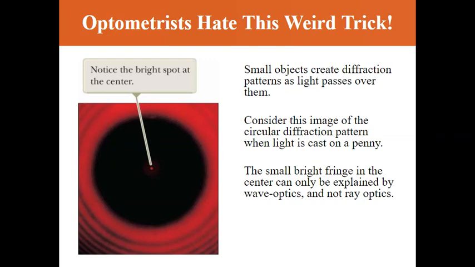But here's an image of how diffraction can happen when light passes by a small object. This is a high resolution image of the diffraction pattern caused when you cast light onto a penny. And this is what you'd see on the other side of that penny.